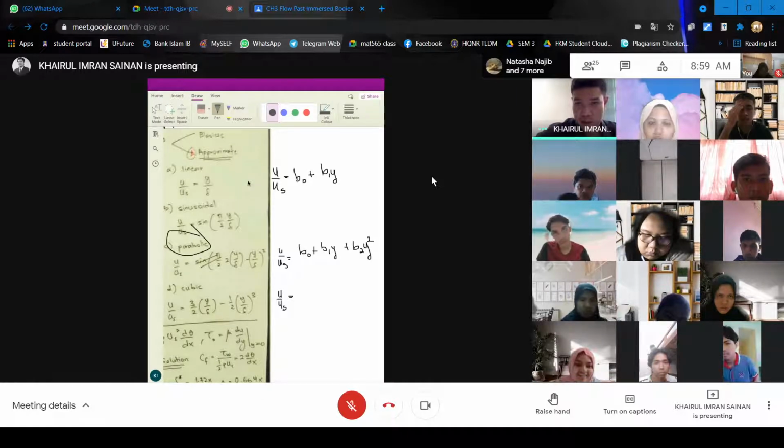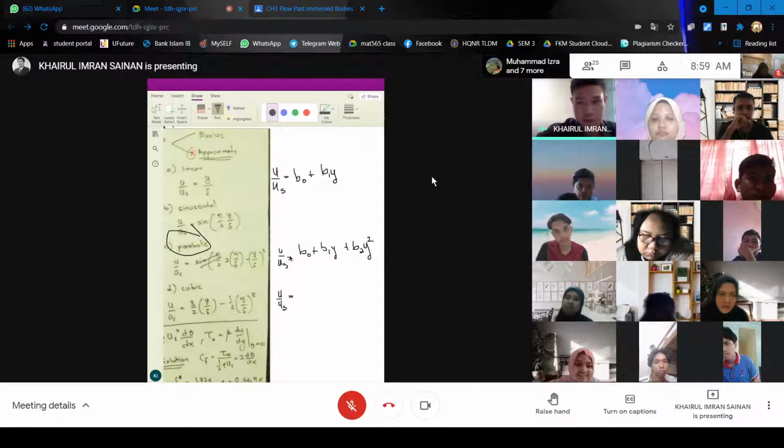Okay. For parabolic, since this one is to the power of 2, when we want to derive this, you need a general equation. As you can see here, it's u divided by u stream equals b naught plus b1y plus b2y squared.